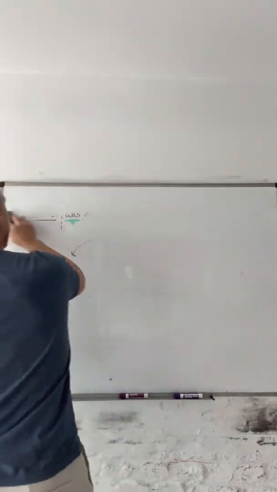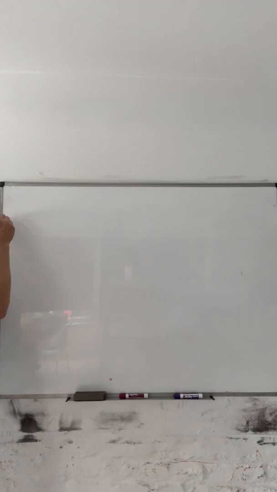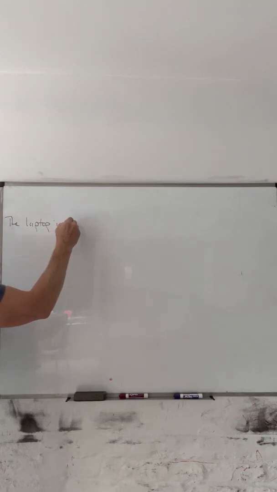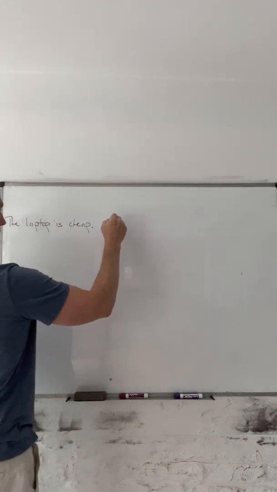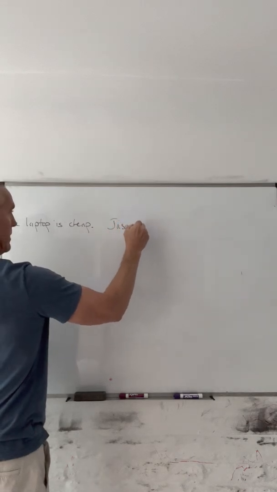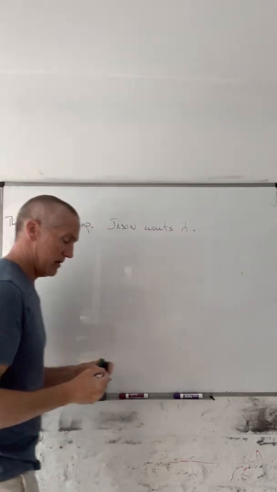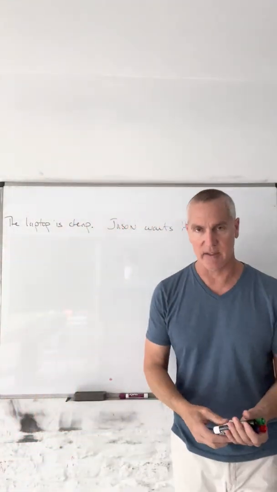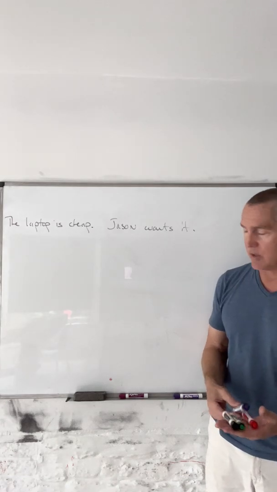Let's see, something like this. The laptop is cheap. Jason wants it. We'll have a very, very short sentence here, okay? The laptop is cheap. Jason wants it.